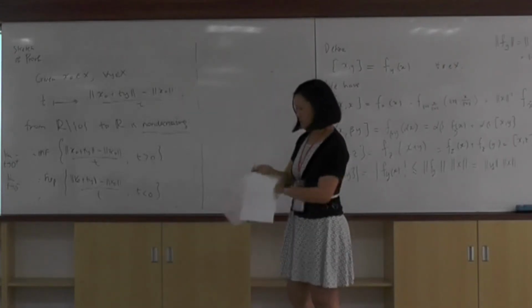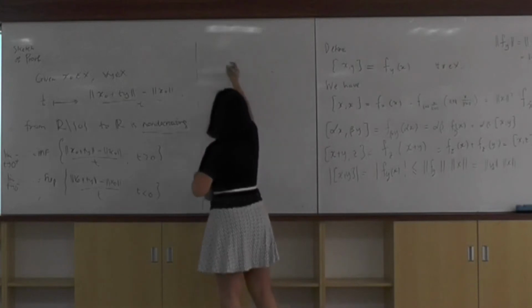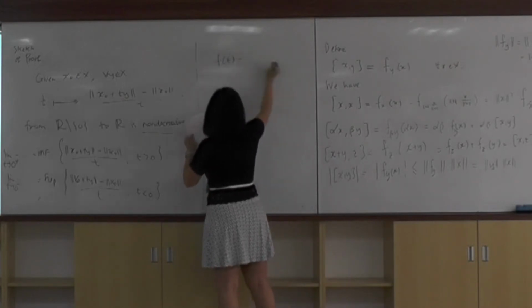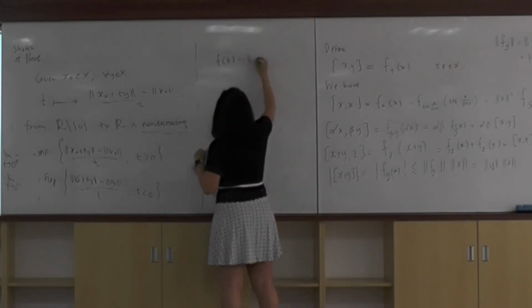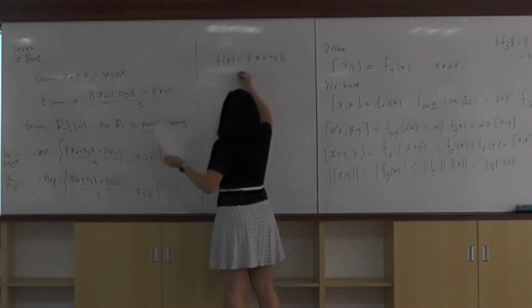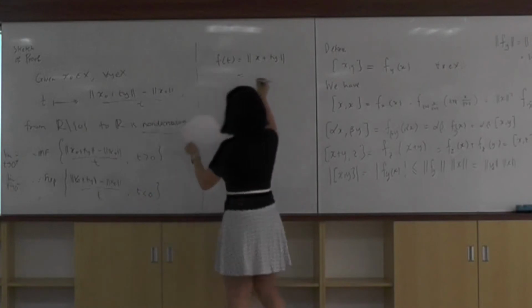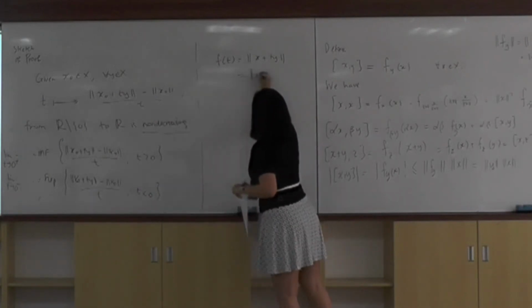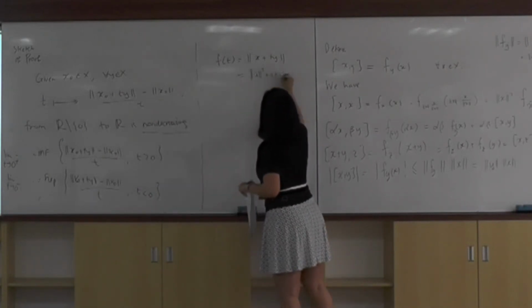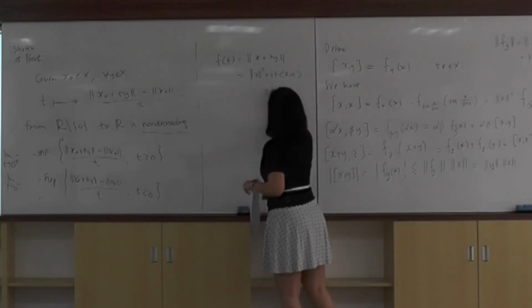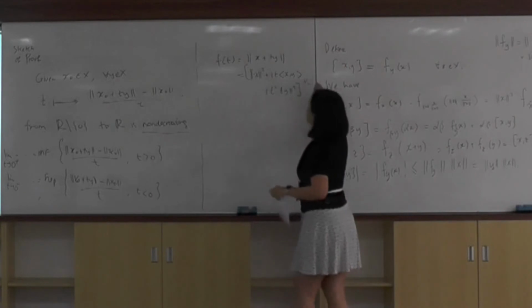You basically just look at the function f(t), which is equal to the norm of x plus ty, in an inner product space. So you can rewrite this as the norm of x squared plus 2t inner product xy plus t squared norm of y squared, everything to the power half, right?